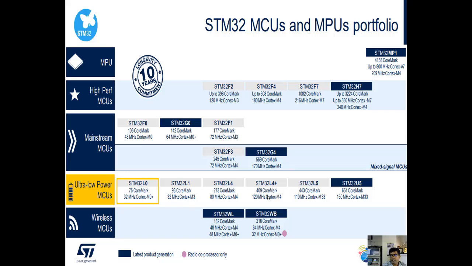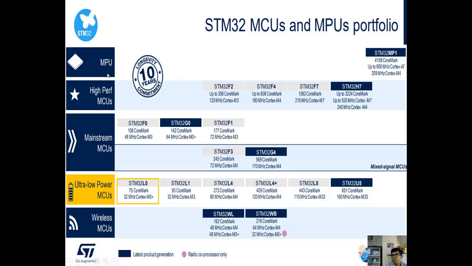These series target 180 megahertz Cortex M3 for F2, 180 megahertz Cortex M4 for F4, 216 megahertz Cortex M7 for F7, and similarly 240 megahertz Cortex M3 combined with 550 megahertz Cortex M7. That combination we sometimes call H7, high performance.